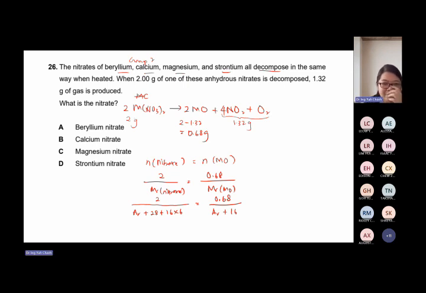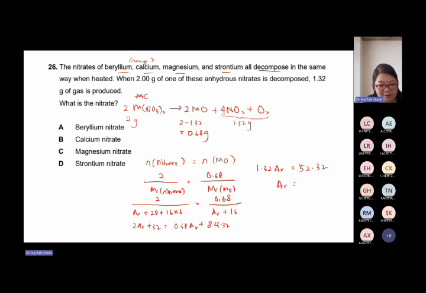By rearranging everything, you get 2Ar plus 32 equals 0.68Ar plus, need calculator, 16 times 6 plus 28, 124, times 0.68, 84.32. So 2 minus 0.68, 1.32Ar equals 84.32 minus 32.